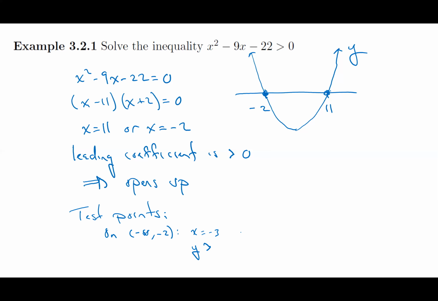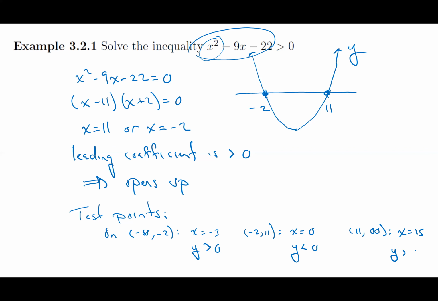And then we could check out the next interval between negative 2 and 11. There's a nice choice on this interval: how about 0? Plug in 0, you're going to get negative 22, so the function is less than 0. And then on my last interval, everything to the right of 11, how about we choose x equals 15? If you plug 15 in, you'll get 225 and so, again, something positive, okay?